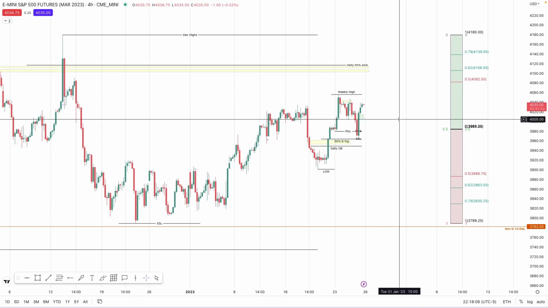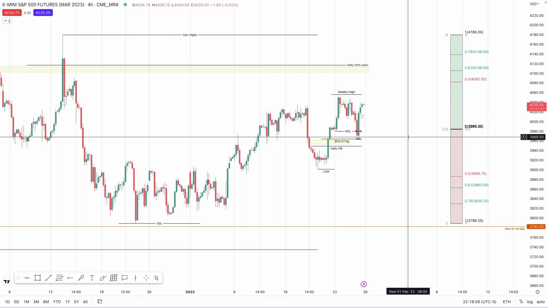So we'll see, but we just kind of want to look for our long entries on the lower time frames when we have a higher time frame bullish sentiment.